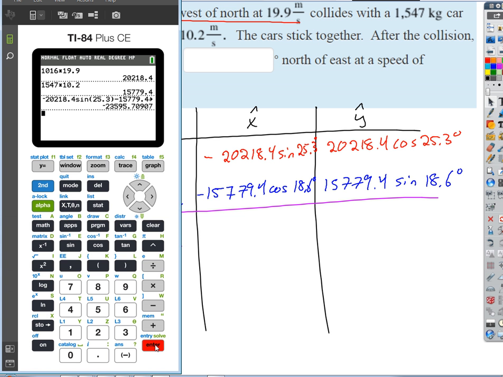So there it is. Okay, there's our x component of the resultant vector, so it's gonna be about 23,596, right? Everybody agree? In units of momentum.